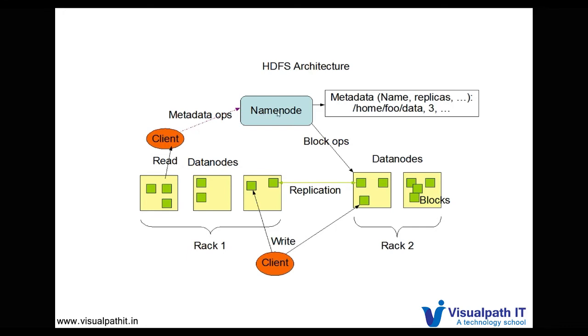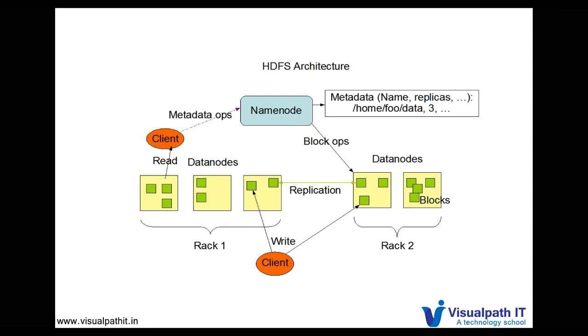And the name node will store metadata. What is metadata? Name of the file, replications, file owner, file permissions, and file blocks, how many blocks it was divided into. Everything we'll call metadata. Okay, so this is Hadoop architecture. And one more is the secondary name node down here. The secondary name node is a backup node for storing the metadata.